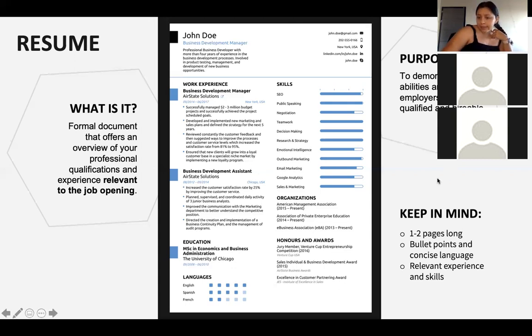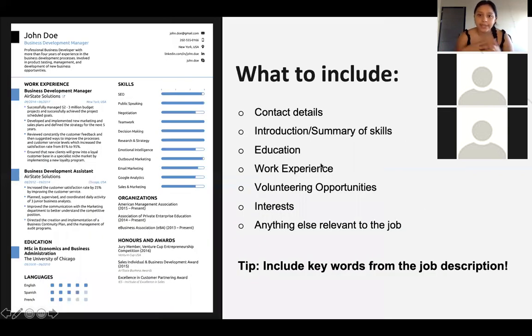But let's dive a little bit into what's included on your resume specifically. As you can see from this example, first you have your name and what you do. For students, you would probably just put the program you're doing here and then add student at the end.